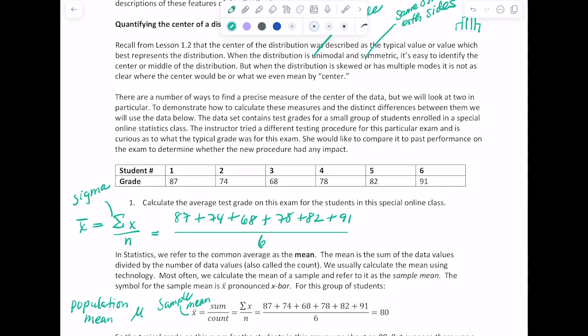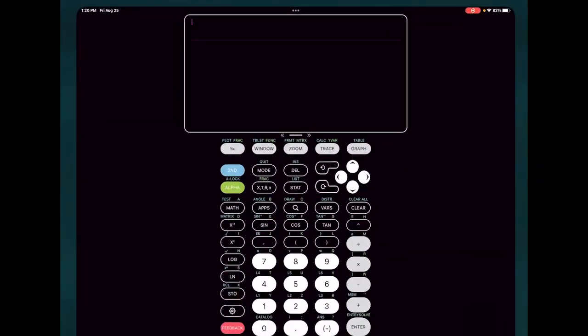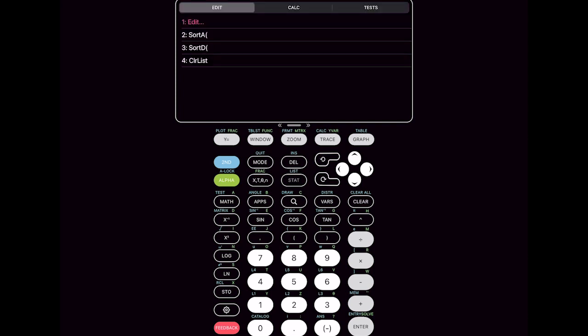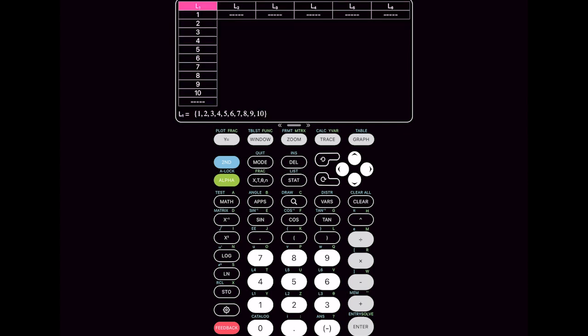Okay, so I'll show you how to find this on the calculator as well. So if you have the TI-84 Plus, there's an easy way to find the average. If you go to Stat, which is 2 buttons to the right of the green button, and then Edit, just hit Enter, and you're going to type in your values.